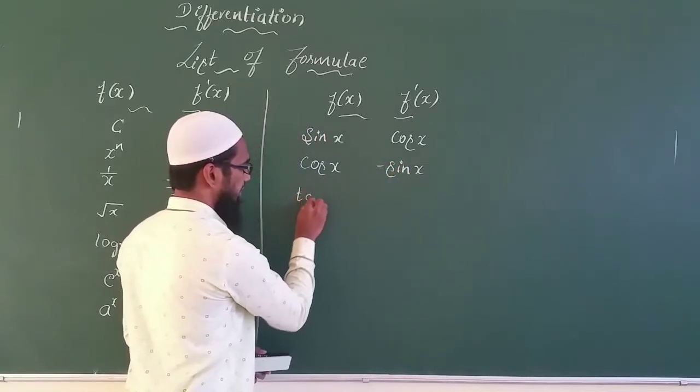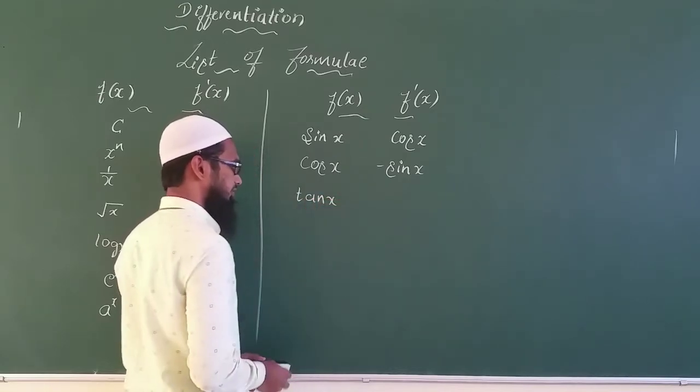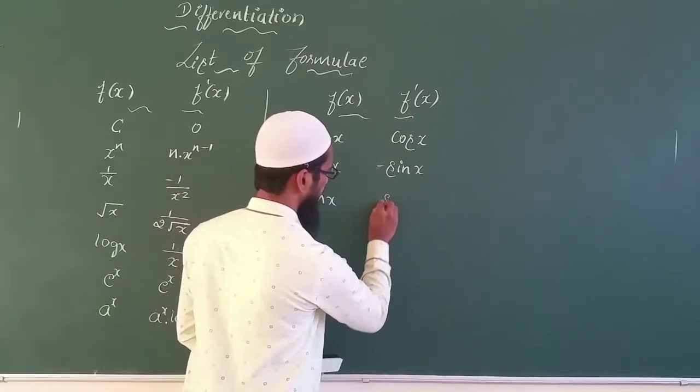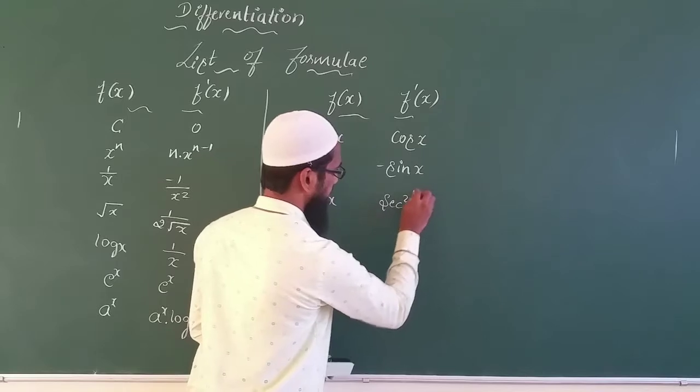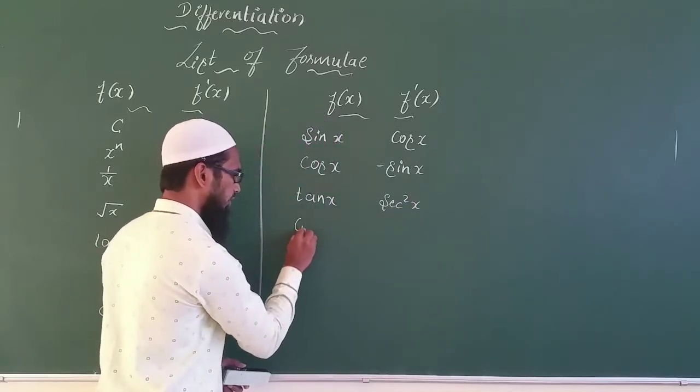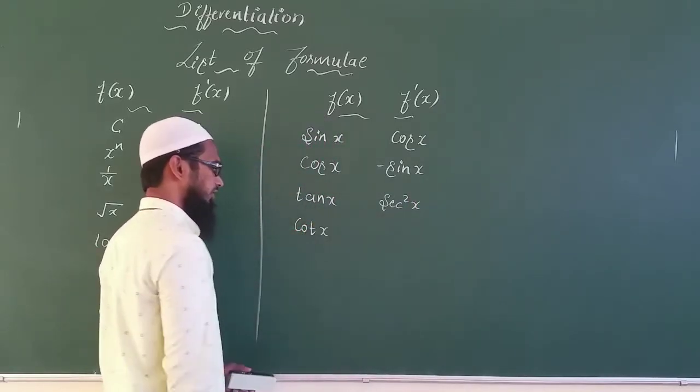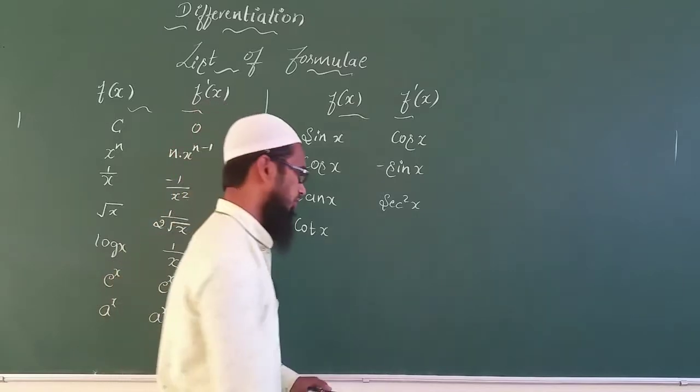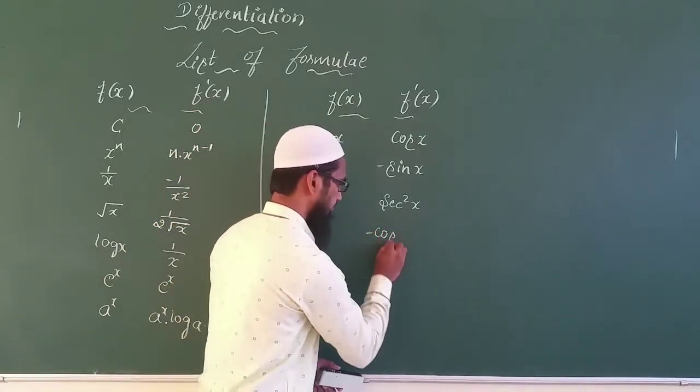Now consider tan x. If I differentiate tan x, we get secant square x. For cot x, the derivative is minus cosecant square x.